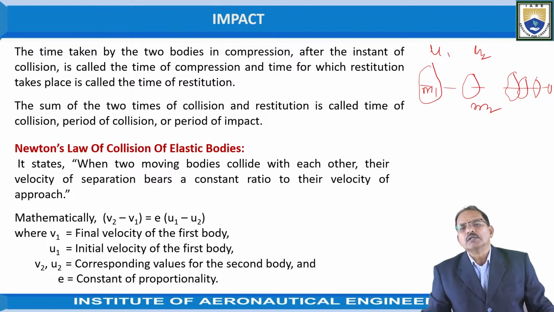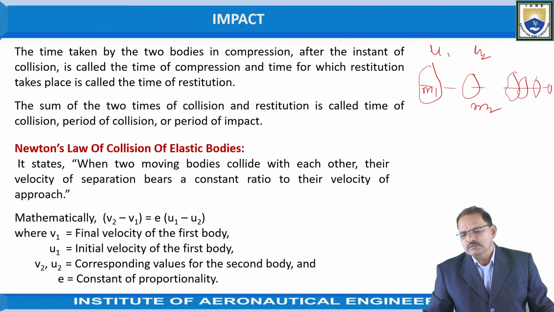While colliding, these two bodies are compressed, and after maximum compression, they regain their original shape and separate with certain velocities. We have taken V1 and V2 as representing the velocities of separation.